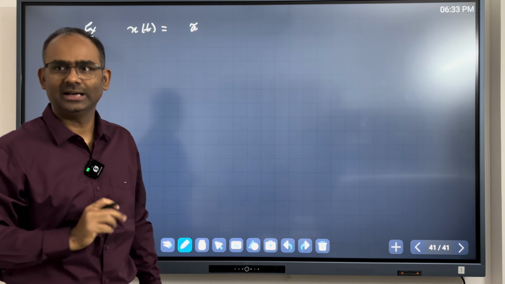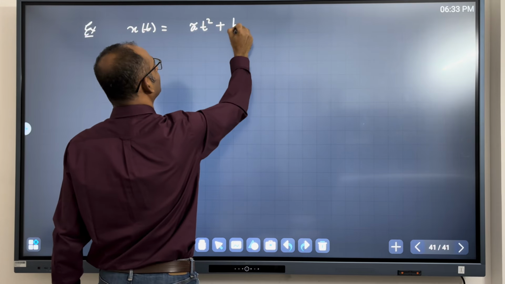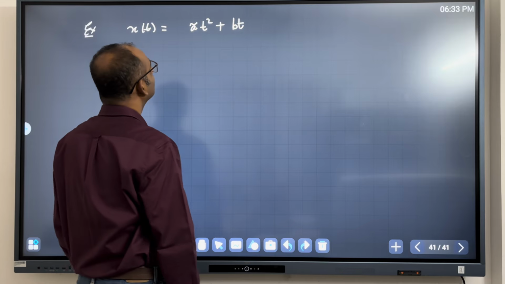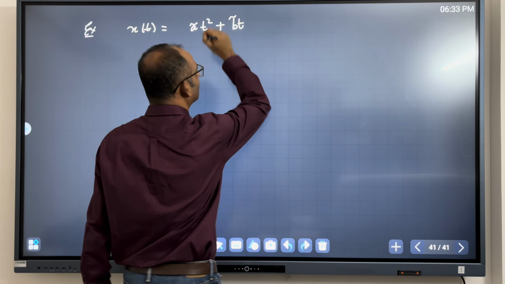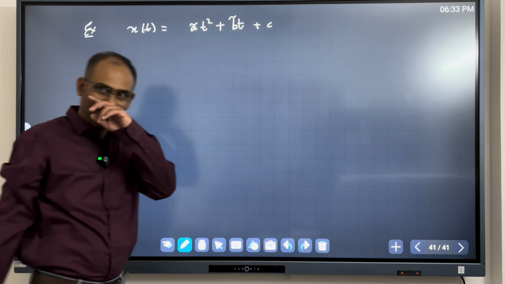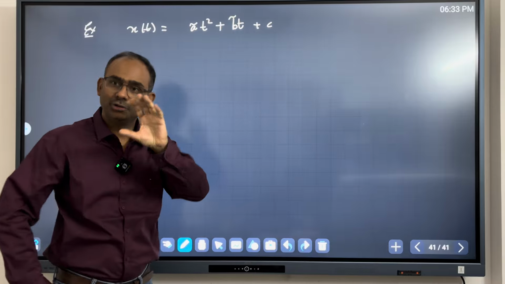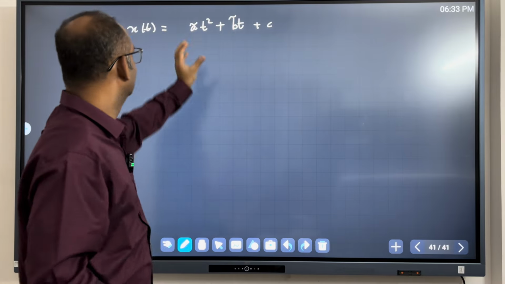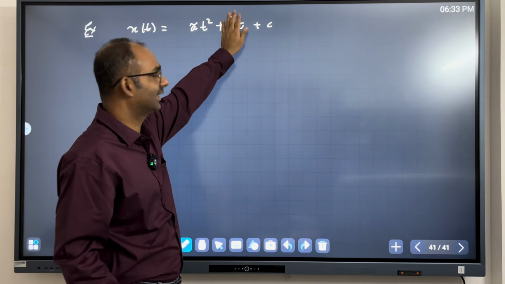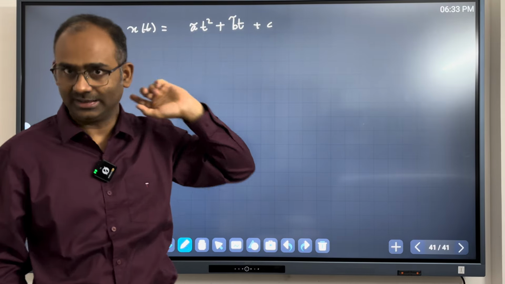A tilde t squared plus b tilde t, plus c. So A tilde will have the right units or dimensions so that this term becomes something of dimensions length. Similarly, B tilde will have the right dimensions so that this becomes something of dimensions length, and c is of dimension length, as I showed you earlier.